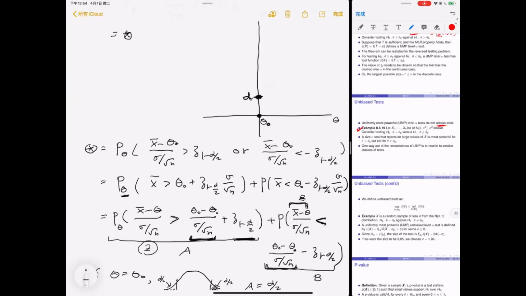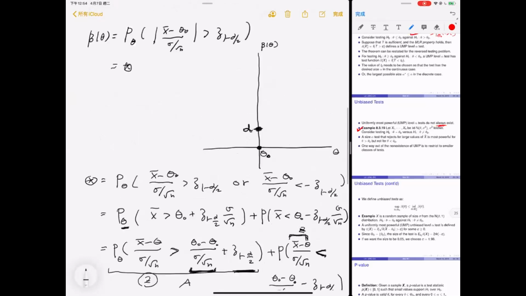Okay, good. And then you might imagine when theta is getting bigger or getting smaller, at the two terms, then you start to imagine where your beta theta goes. And you know that your beta theta, because it is a probability, is not going to be over 1.